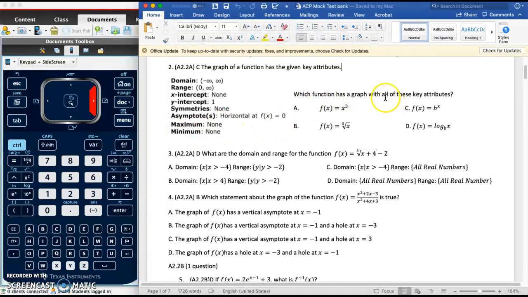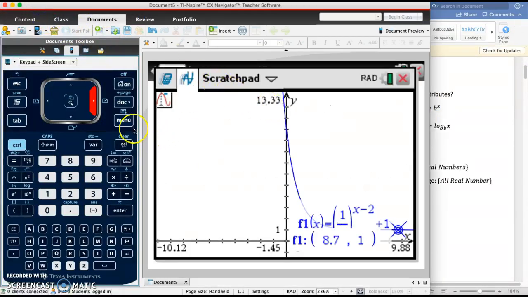What I would do if I was doing this problem is sit here and graph each one separately. Now I know this says b to the x. A lot of times for the b, I would put in a number, so make sure you put in a number right there for b to the x. I'm going to go straight to the answer. I know the answer is C, so I'm going to put in that one.